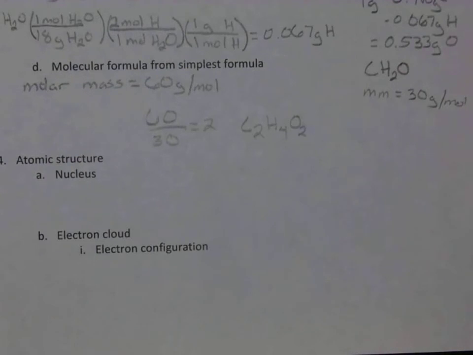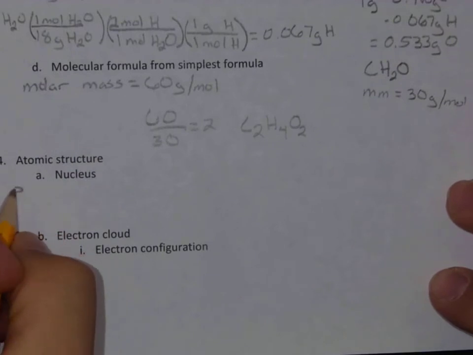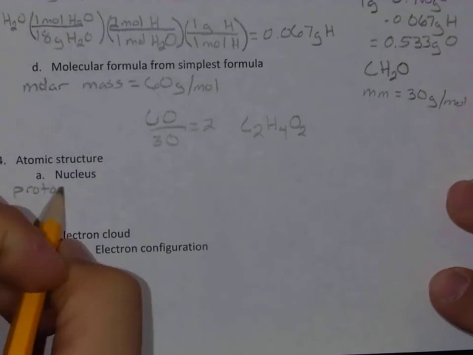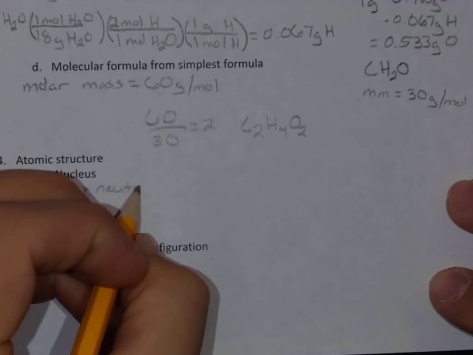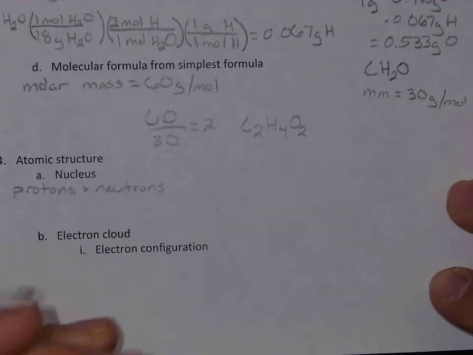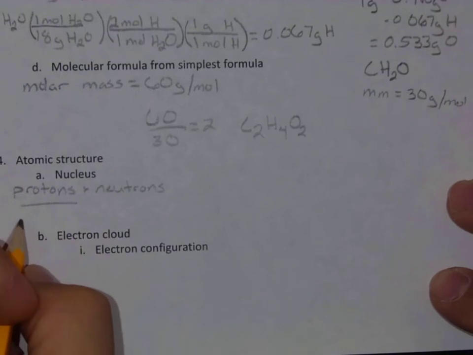All right, we're back one more time here with our atomic structure. So we're going to think about our nucleus for a second. In our nucleus, we've got our protons and our neutrons. The number of protons is going to be what determines our element.